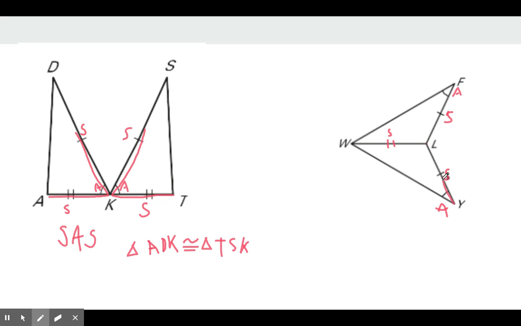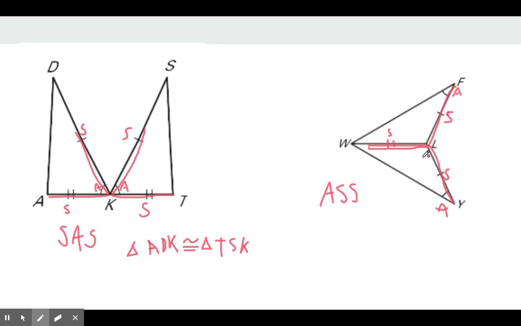So now we count. We have angle, side, side, which matches with angle, side, side. But remember what we had said earlier. ASS does not automatically prove that 2 triangles are congruent.